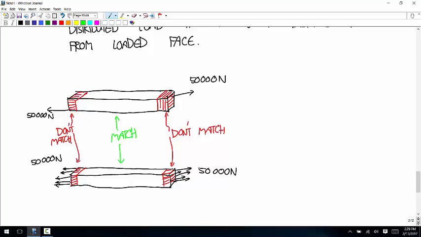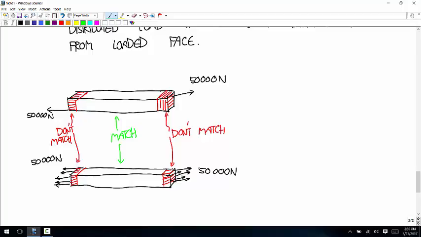So if all we want to do is figure out approximations for the stresses far away from the two ends, then we're in business. We can think of this as being loaded like a stress tensor. We have to be really careful and just throw out our results near the loaded faces, because our assumption that it's loaded like this is not going to give us anything useful when it's loaded like that.